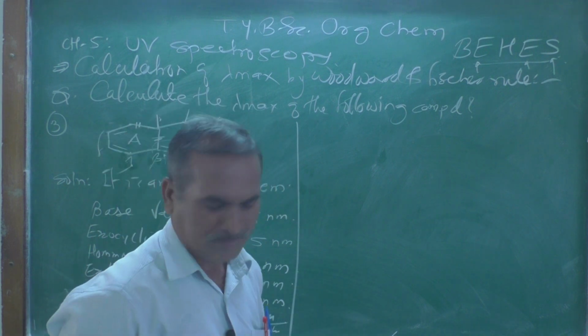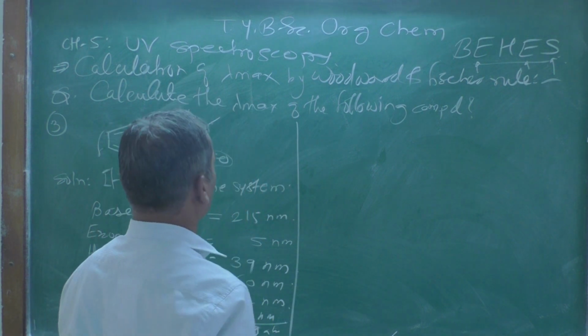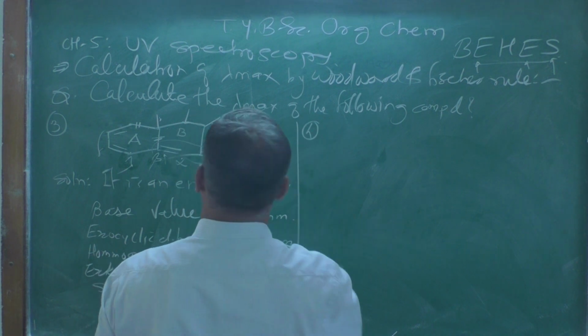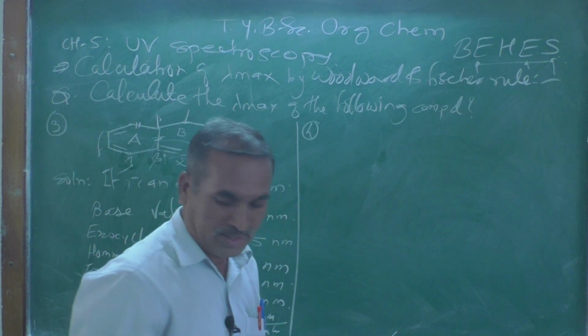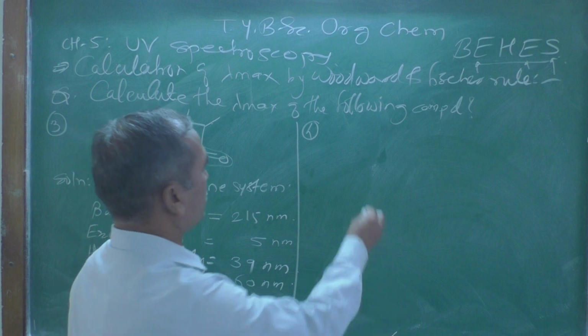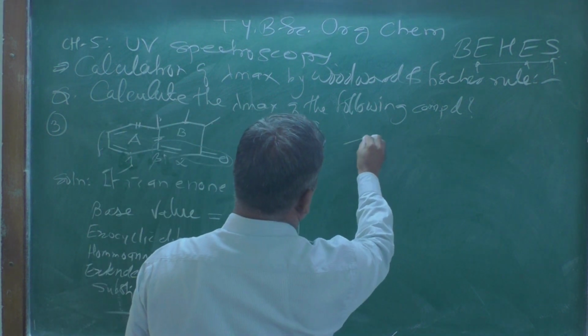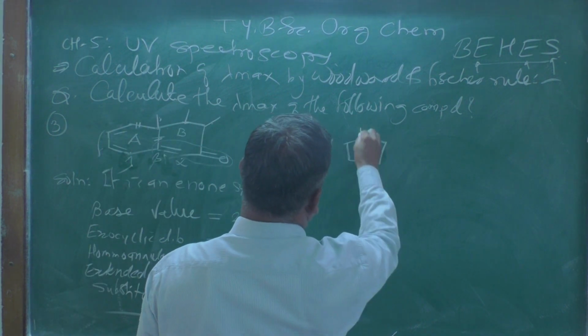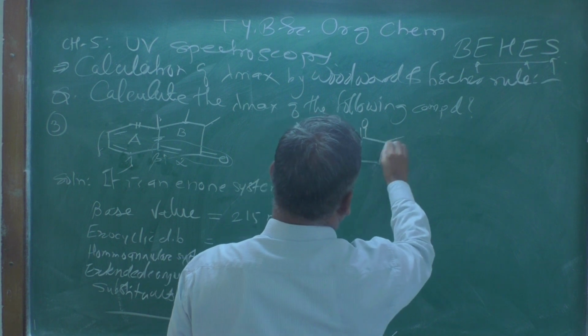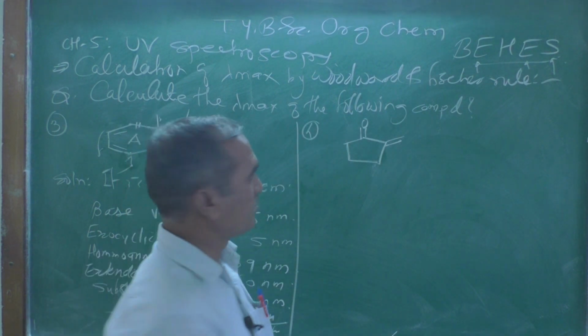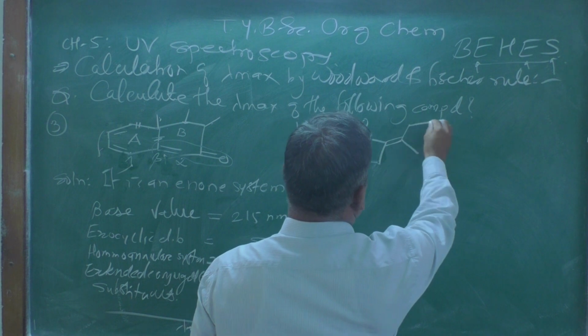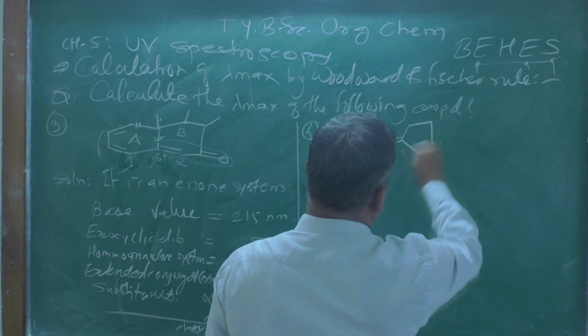Now let me give one more example over here, that is example number 4. Let's see the structure over here. This is the structure here, double bond, and then there will be another ring joined to this.